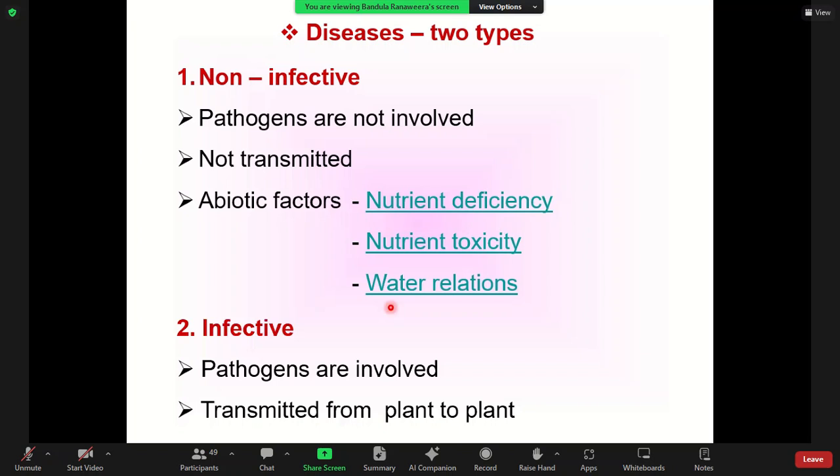Then there is a category called infective plant diseases. That means those diseases are caused by a pathogen, and those pathogens are transmitted from one plant to another plant. In infectious diseases, unlike non-infective diseases, we can see the structures of the pathogen.